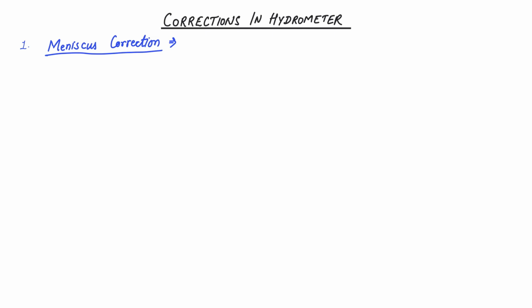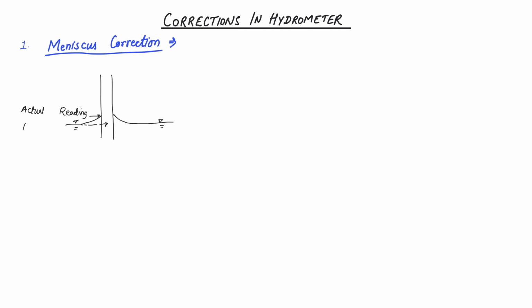For example, let us suppose that this is your hydrometer and this is the surrounding liquid. You can see that the surrounding surface of the liquid will be slightly curved like this. That means instead of the original reading, you will actually read this layer. So this is the reading and this is the actual reading.